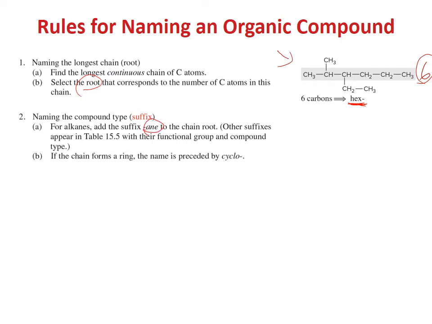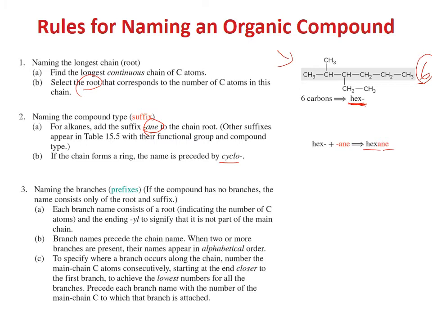So this is an alkane, and therefore we add A-N-E. So it's called hexane because the longest chain has 6 carbons. If the chain forms a ring, then we need to add cyclo to indicate it has a ring. But this molecule doesn't have a ring, so we don't need to add cyclo.